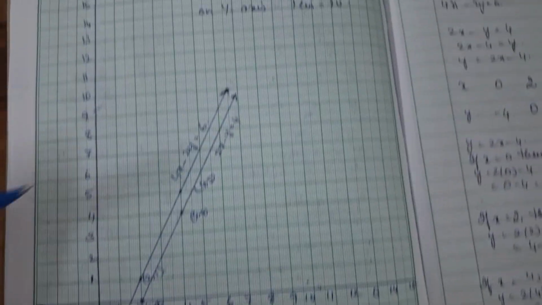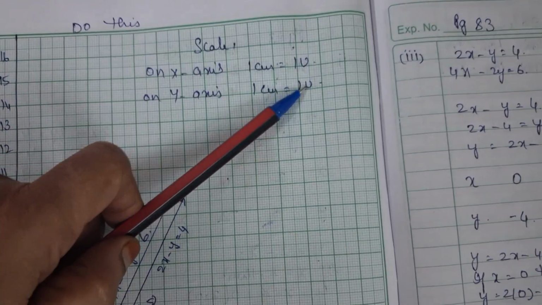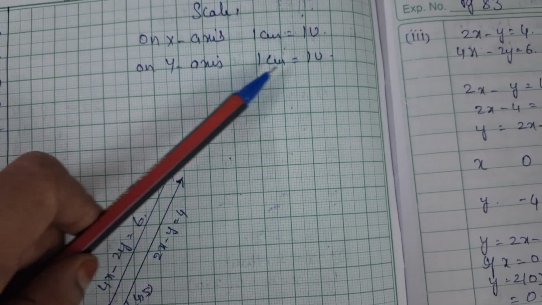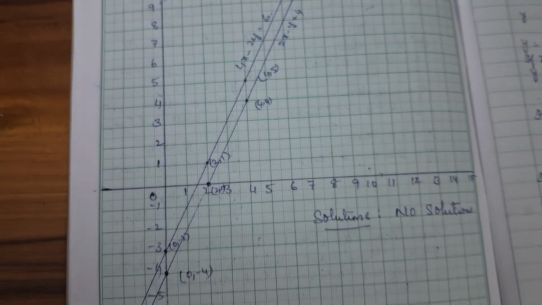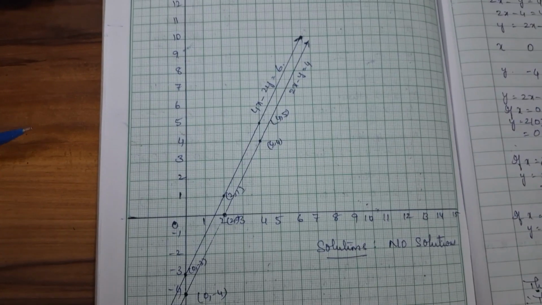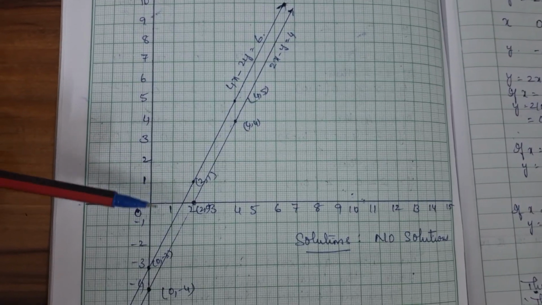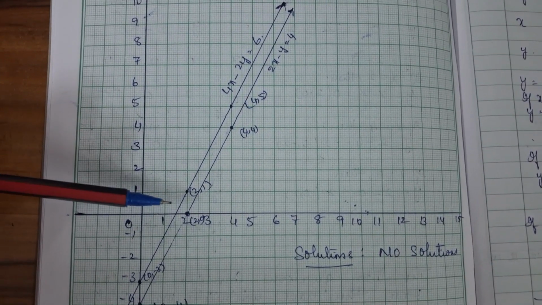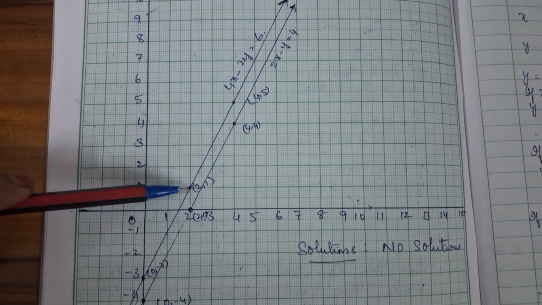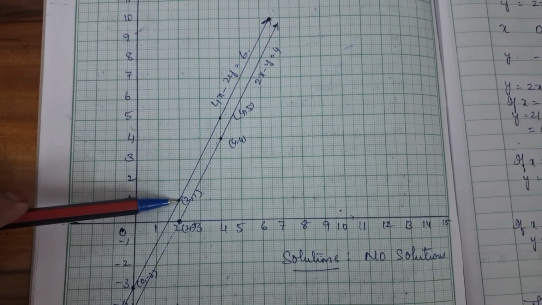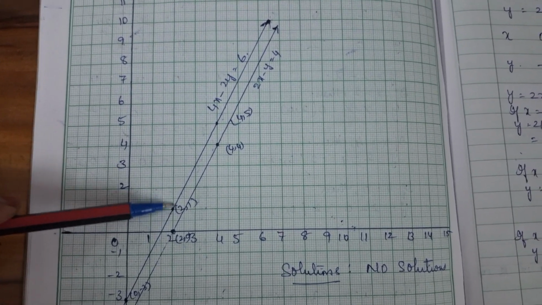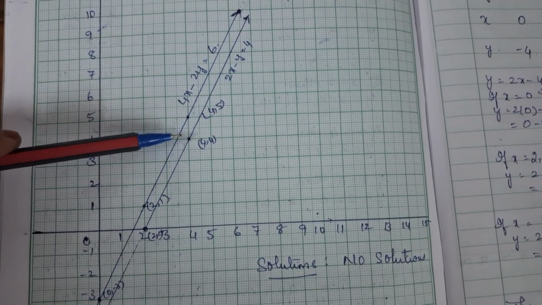So again here on the x-axis 1 centimeter is 1 unit, on the y-axis 1 centimeter is 1 unit. So I have drawn the x and y axes. Afterwards I have represented the lines, children. First one 2 comma 1, so this is 2 and this is 1, and the next one is 4 comma 5.